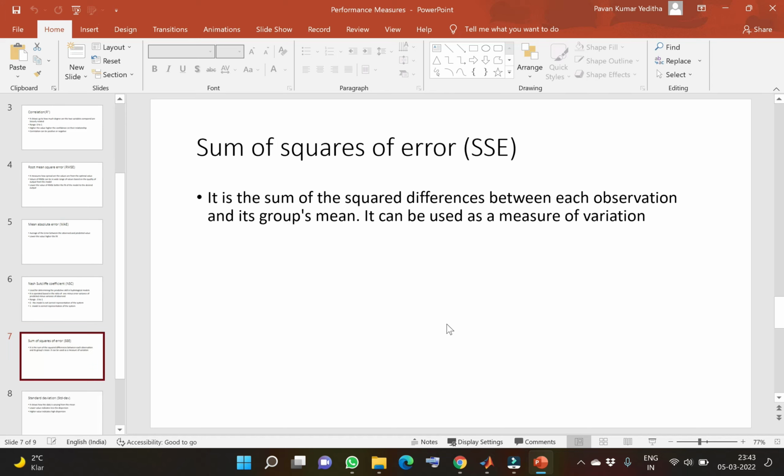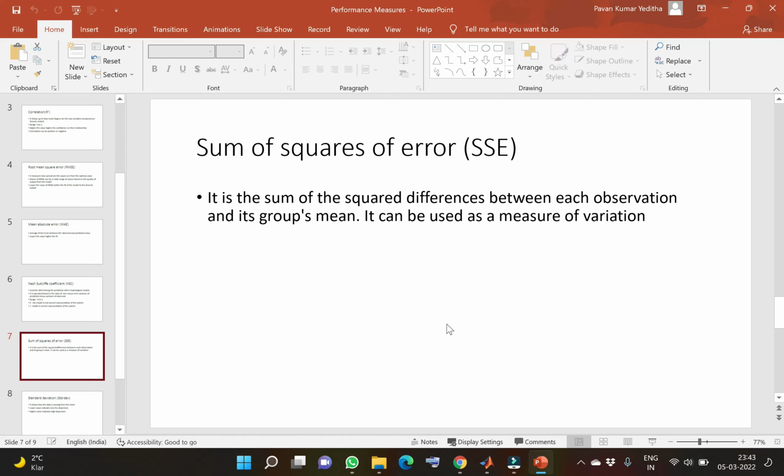When we come to sum of squared of errors, it's quite clear from the name itself. It is after calculating the error, that is predicted minus observed or observed minus predicted, vice versa. So that is what error is.